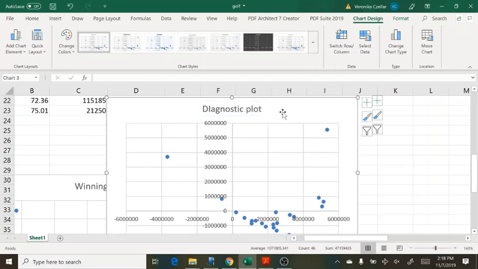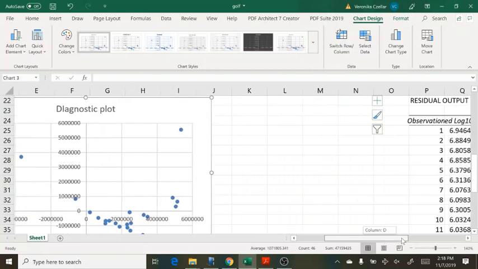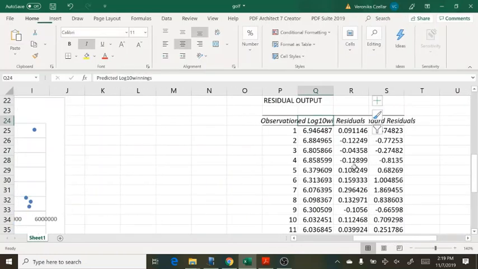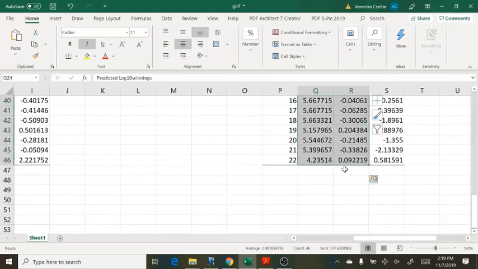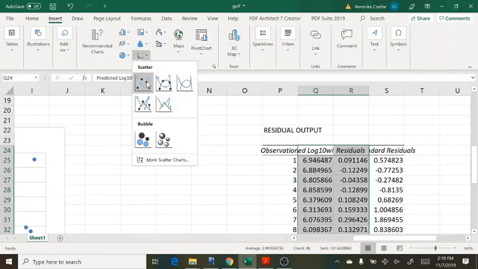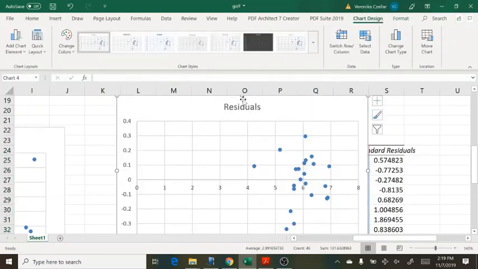And if I do the same now for the log transformation, I draw a plot of these two. Then this is what I see. That's also the diagnostic plot, but this is for the log winnings example.